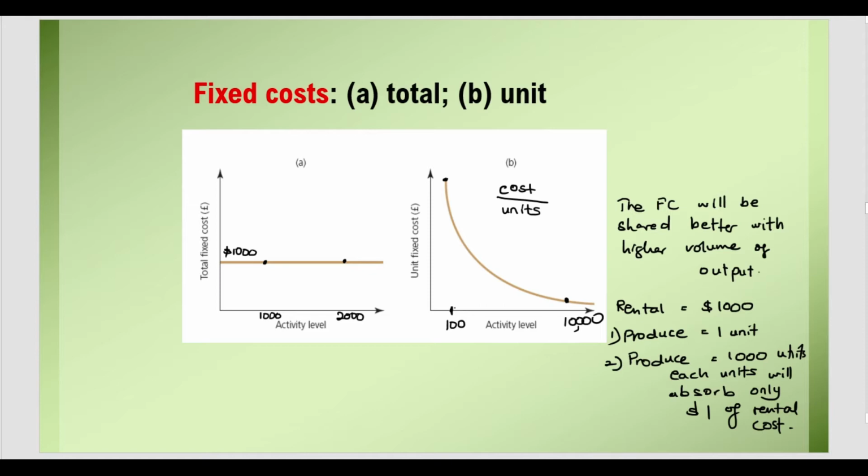Then the rental of $1,000 will be shared among the 1,000 units. So each unit will only absorb $1 of rental cost. From here we understand, in order to have less fixed cost per unit, we need to produce more.